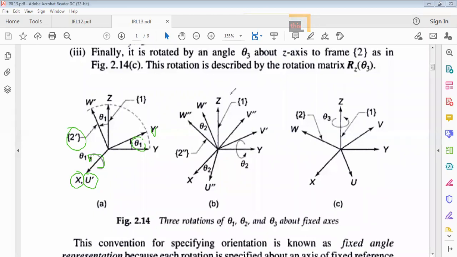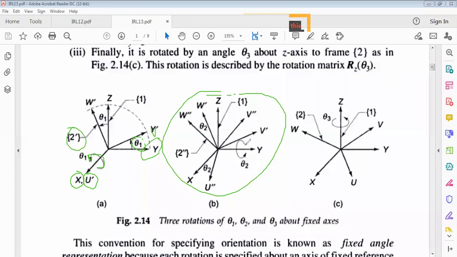And the second, if you observe this figure, now we have to rotate the 2 dash frame about the y-axis by an angle theta 2, about the y-axis of the first frame.